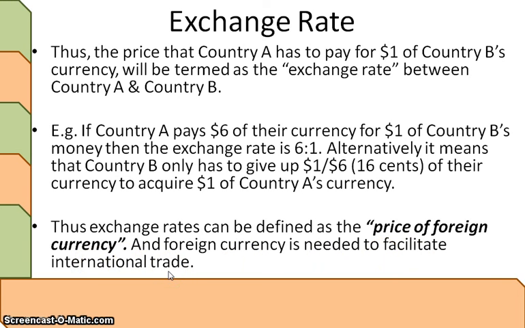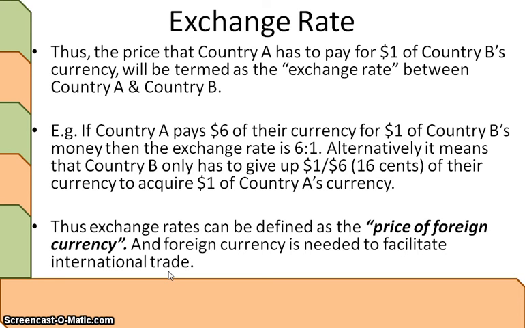Now, what happens when one country's goods and services are being demanded in excess of its trading partner's? If the goods and services of a country are being demanded in excess, it means that the currency of that country would increase in its value.